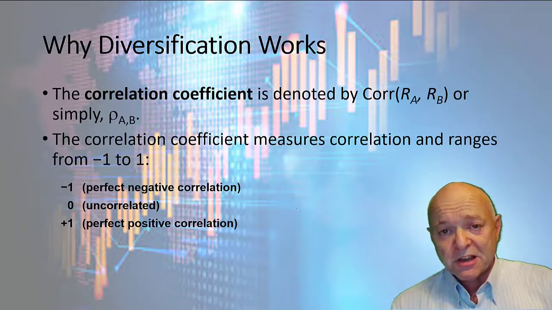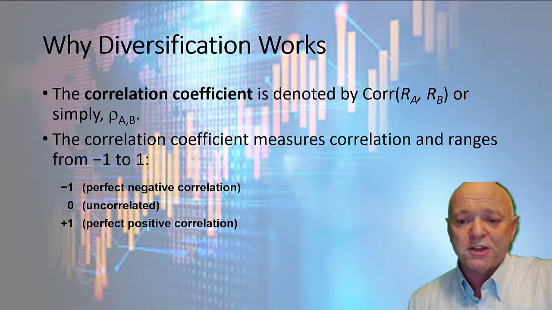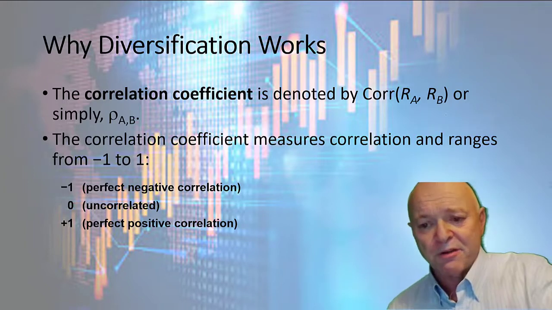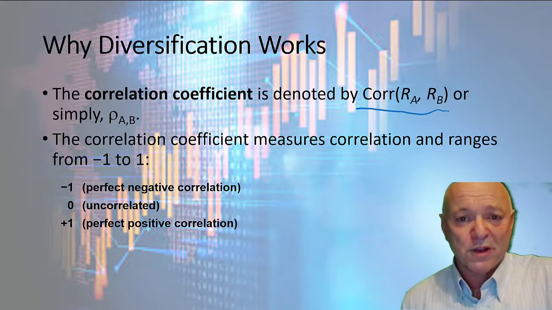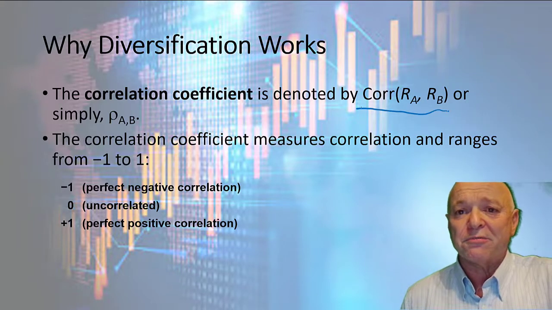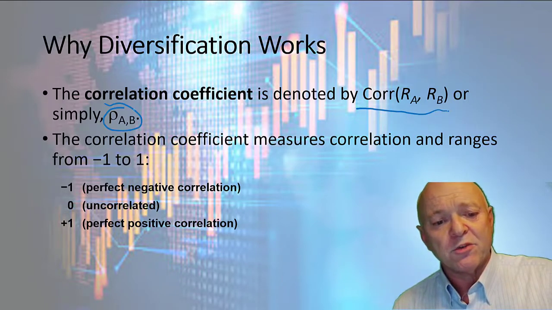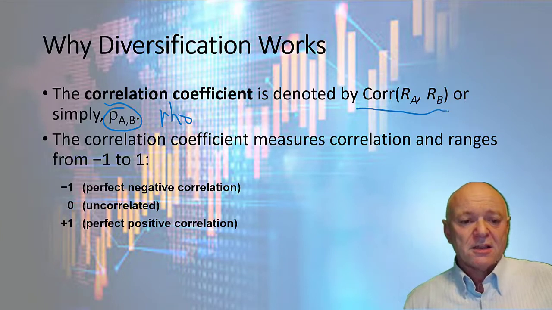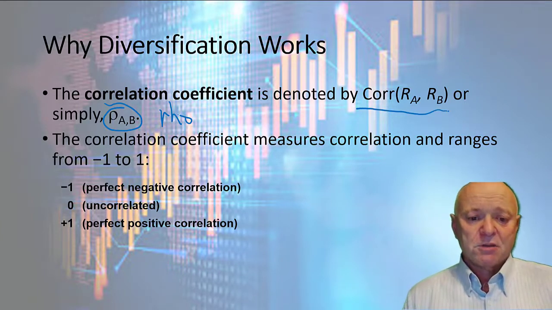For the purposes of this exercise, we're going to describe the correlation coefficient using the notation correlation of asset A, the rate of return on A, with correlation of B. Sometimes we see the Greek letter rho used, R-H-O. And so basically this is saying the same thing, the correlation of A with B.